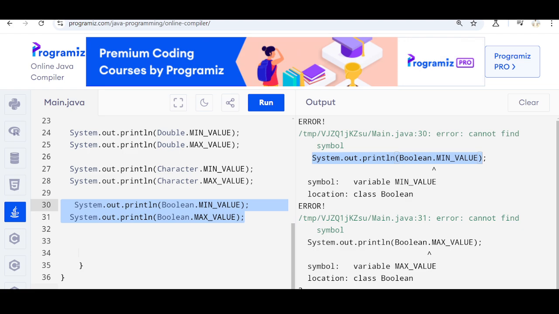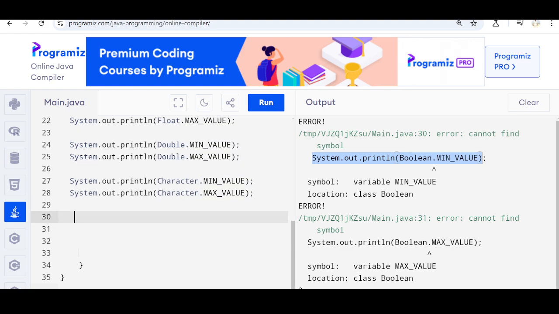It can store only one value, true or false. You cannot say true is a minimum or maximum. You cannot also say that false is a minimum or maximum. True and false are just a kind of standardized values. There is no such thing like which one is minimum or which one is maximum. So this is not applicable for the Boolean data type.